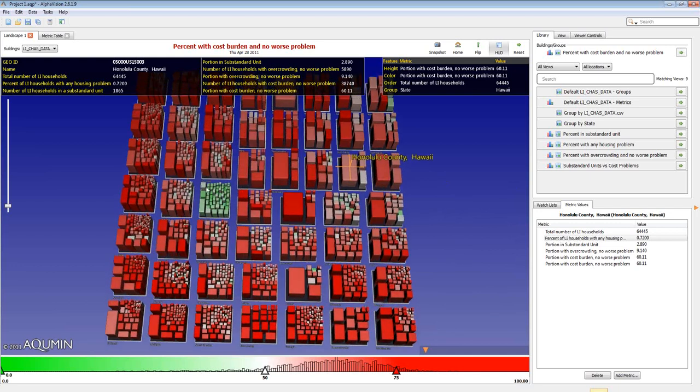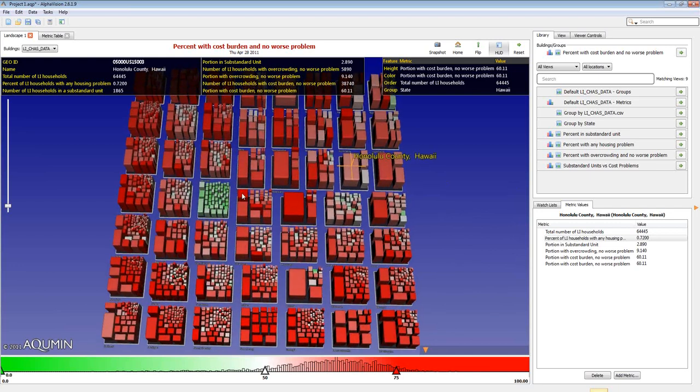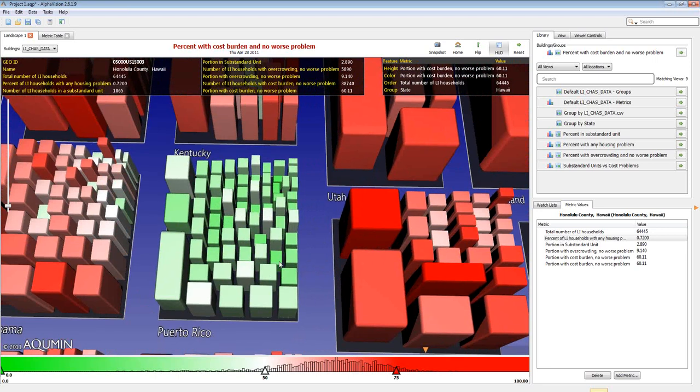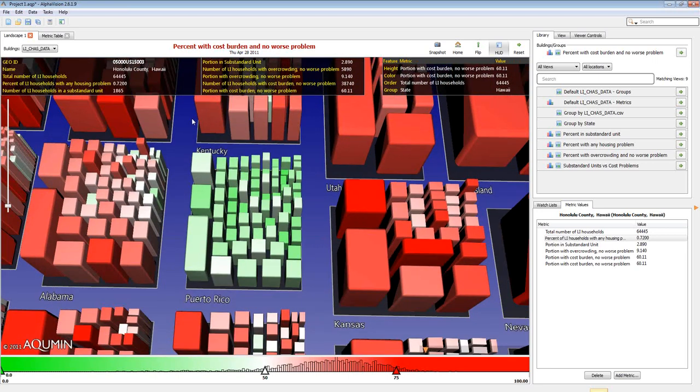Interestingly, we have one very stark outlier. And again, we're back to Puerto Rico. Once again, bucking the trend of most of the rest of the United States, no county in Puerto Rico is reporting a large portion of low-income households reporting cost burden as the most serious problem. And I'm not certain exactly why that is.